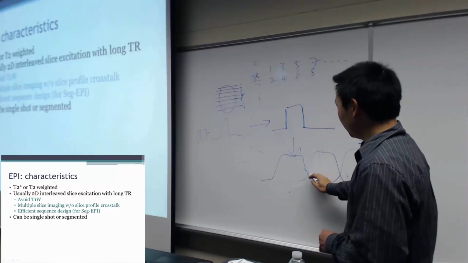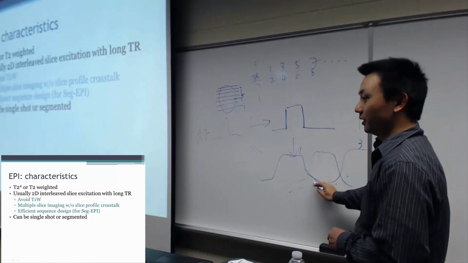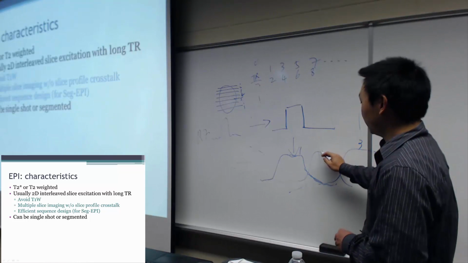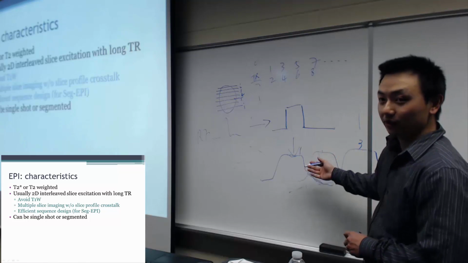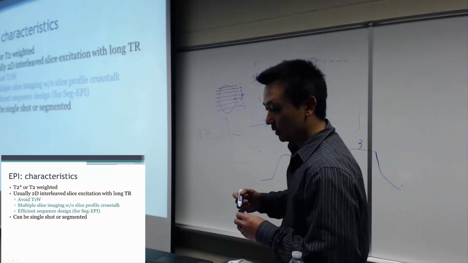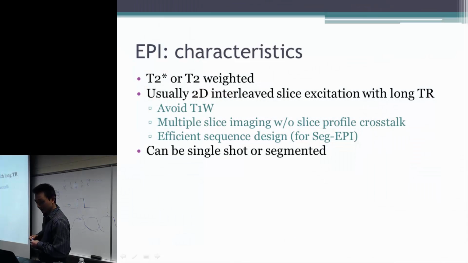The signal of the first slice has already decayed, so it has minimal effect on the second slice. This is the way we do slice excitation when we do EPI.